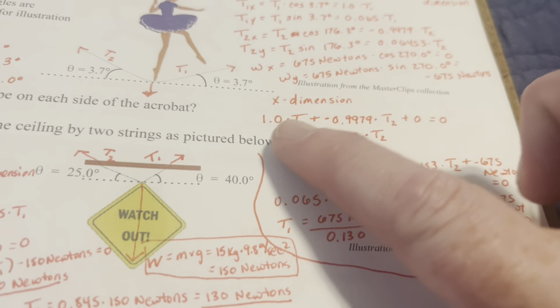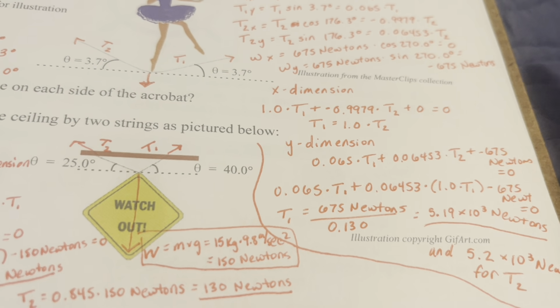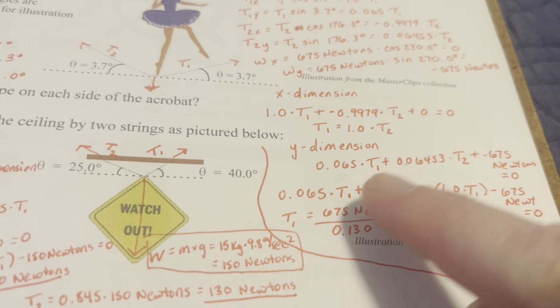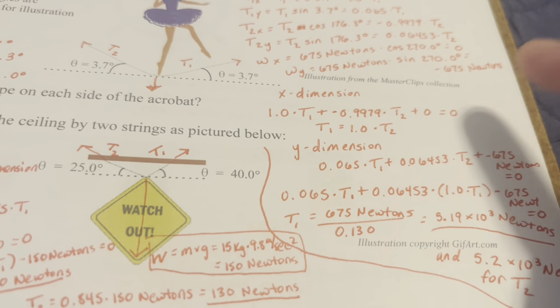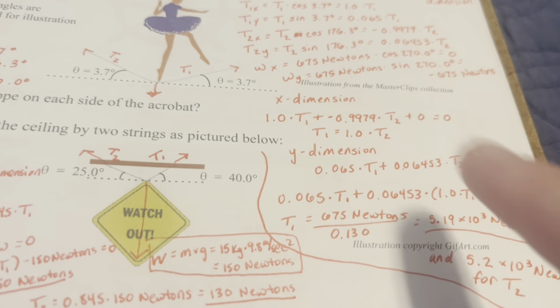right here. When I do my x dimension, I know that T1 is equal to 1.0 times T2. So then when I solve over here, I'm going to substitute this in, okay?